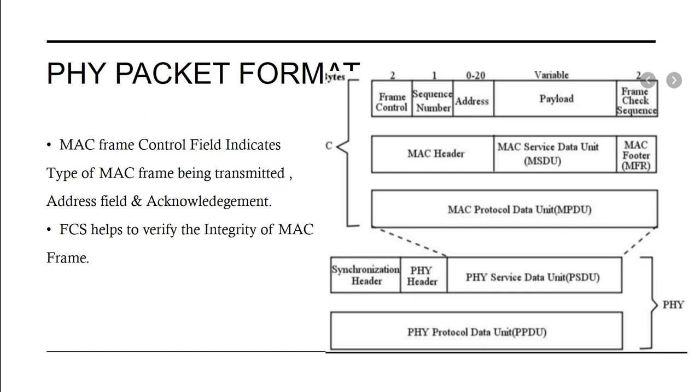So this is the frame format of the MAC. It has 2 bytes of frame control, 1 byte of sequence number, 0 to 20 bytes for the address, variable size for payload, and 2 bytes for the frame check sequence. The frame check sequence helps with integrity verification of the MAC frame.